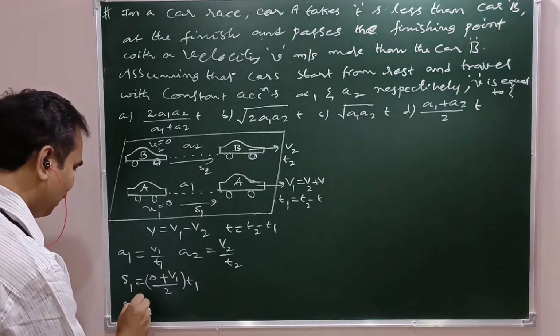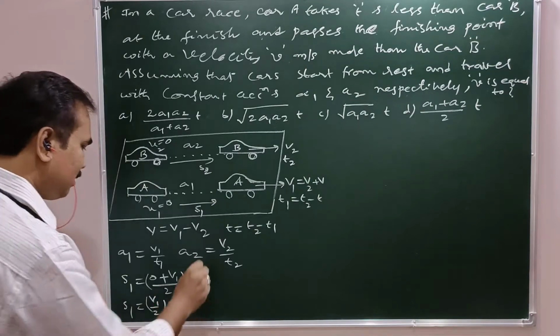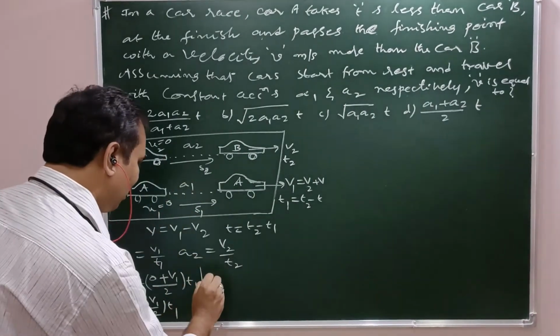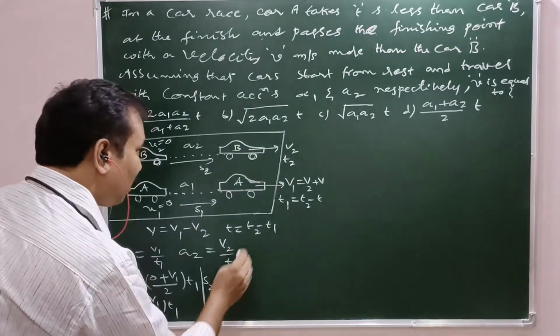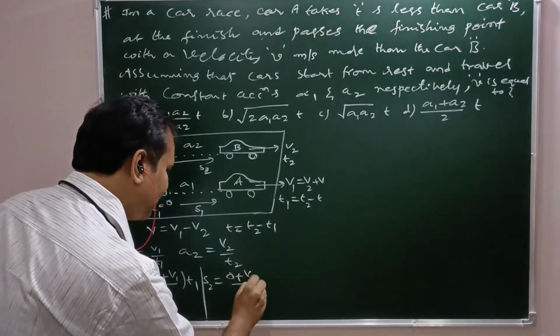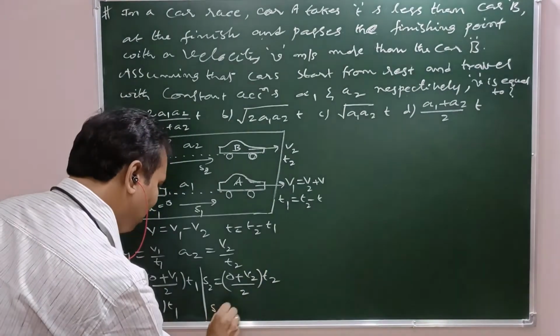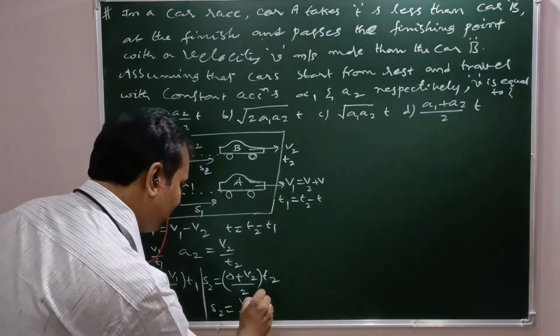That is s1 equals v1 by 2 into t1. Similarly, the displacement covered by car B, s2, equals average velocity, 0 plus v2 by 2, into time t2. That is s2 equals v2 t2 by 2.